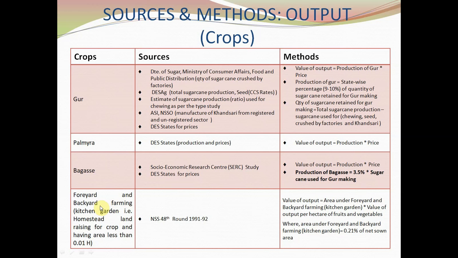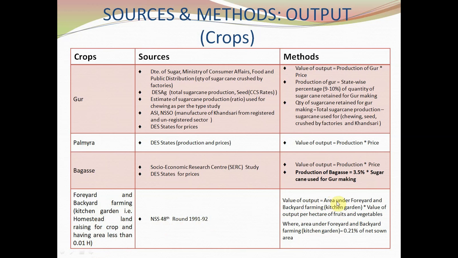In the case of forecourt and backyard farming, that is kitchen garden, which is created in homestead land, raising crops and having area less than 0.01 hectare, for this we are using the NSS 40th round study, which took place in 1991-92.